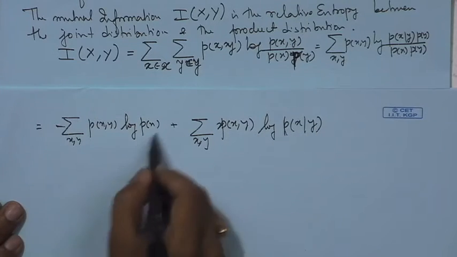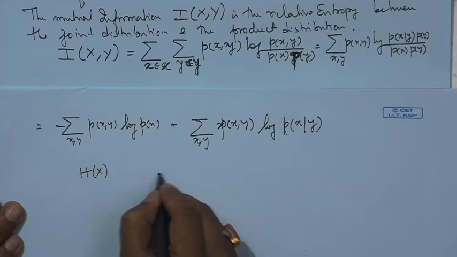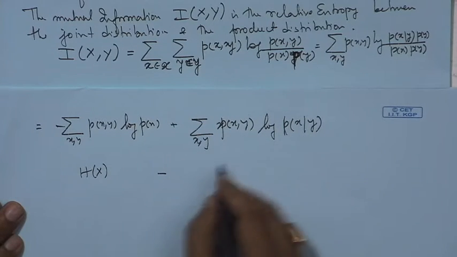So you can easily recognize this is basically h of x, and this is basically minus h of x given y.